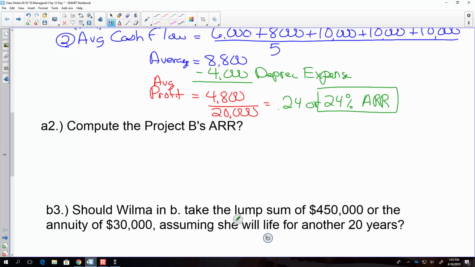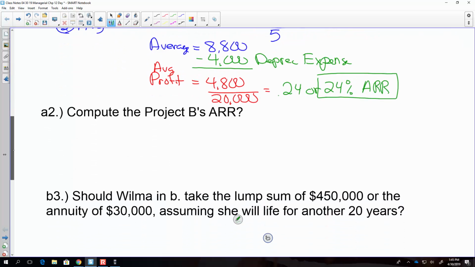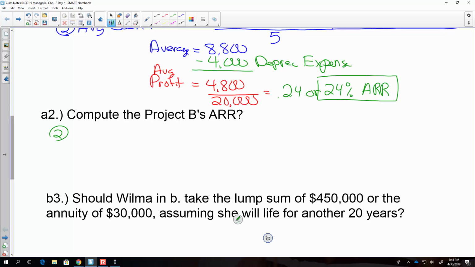For project B, we do the same thing. We have the same investment of $20,000, so the depreciation entry, step 1, is already finished for us for project B. All we've got to do then is take the average cash flow. So we're going to jump right to step 2 here.